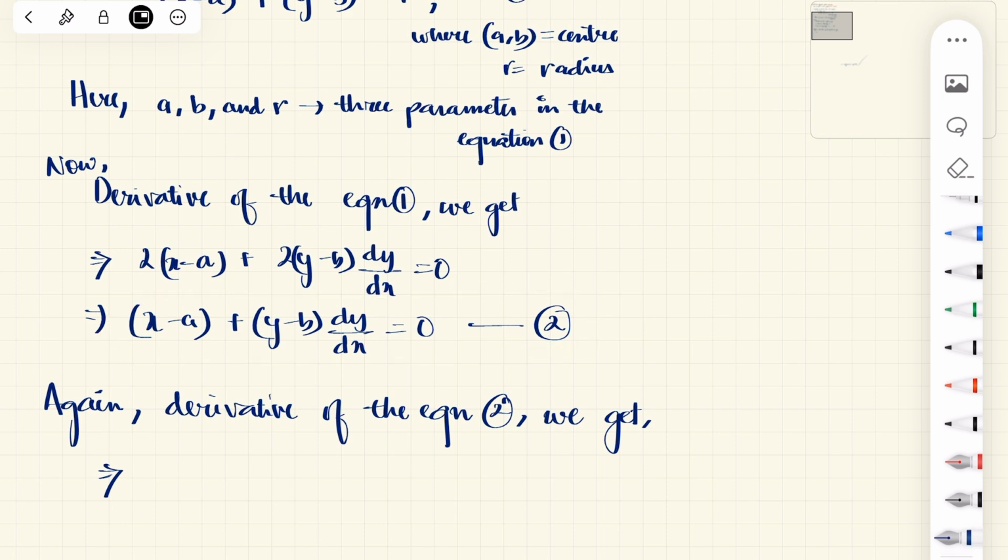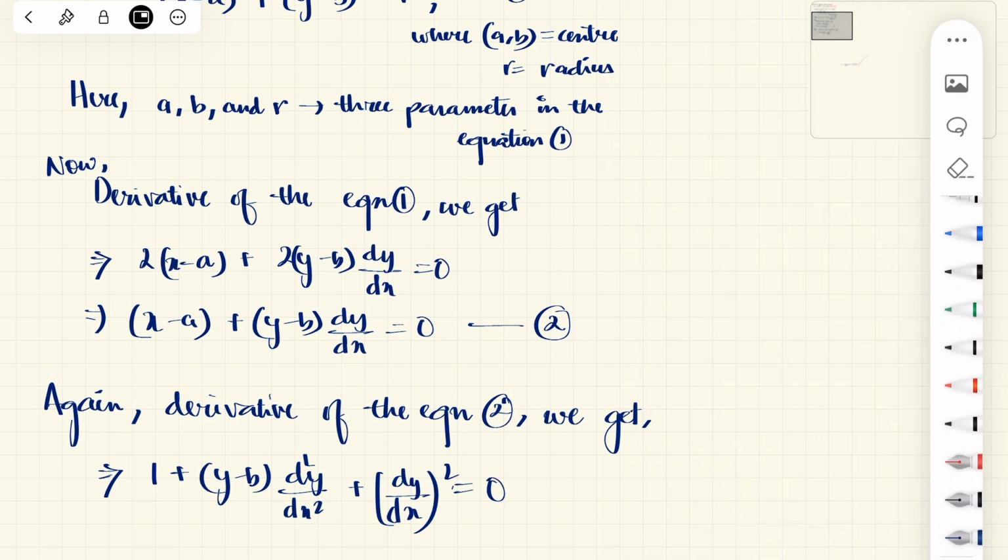Here comes the derivative. It becomes 1 + (y - b) d²y/dx² + (dy/dx)² = 0. I'll tell you how it comes. The derivative of this becomes 1 with respect to x.